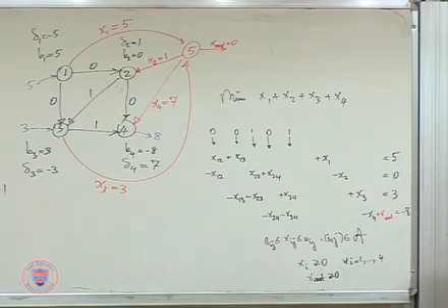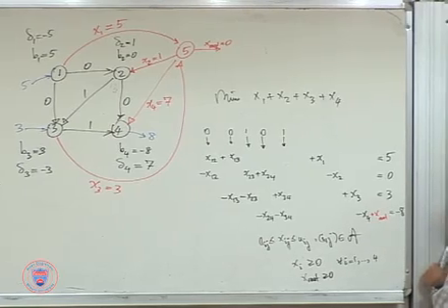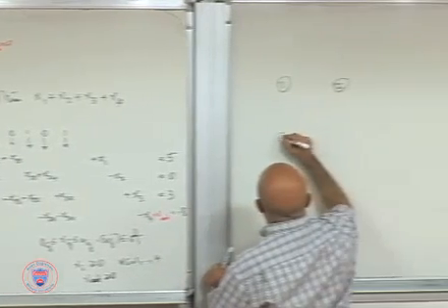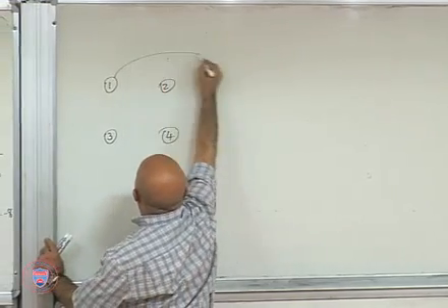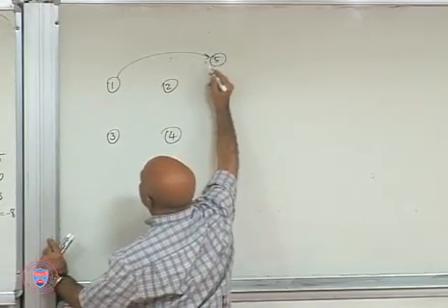So for phase 1 solution, the initial tree you have is this one.